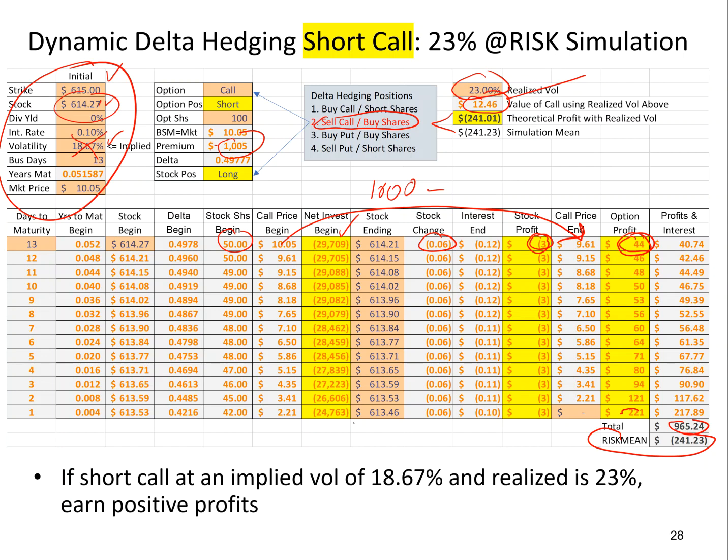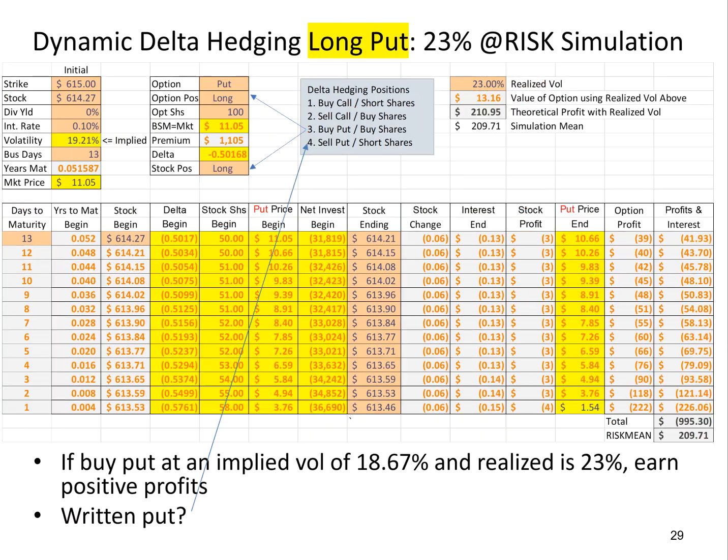If I were to short this option at $10, and I think it's really worth $12.46, I would expect it to lose a couple dollars times 100, right? The difference between $12.46 and $10.05 times 100 shares. So I was expecting to lose $241, and my simulation confirmed that.